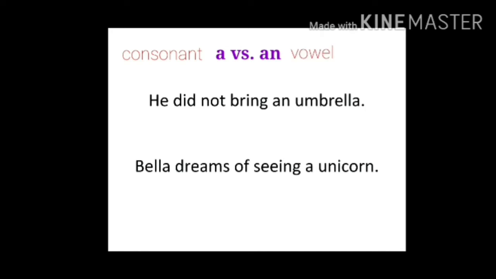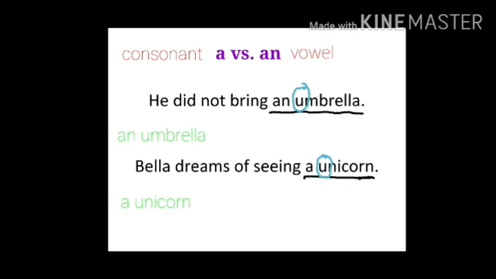But if you take a look at our sentences, he did not bring an umbrella, and Bella dreams of seeing a unicorn. The words umbrella and unicorn both start with a vowel letter, U. However, an is used before umbrella and a is used before unicorn.